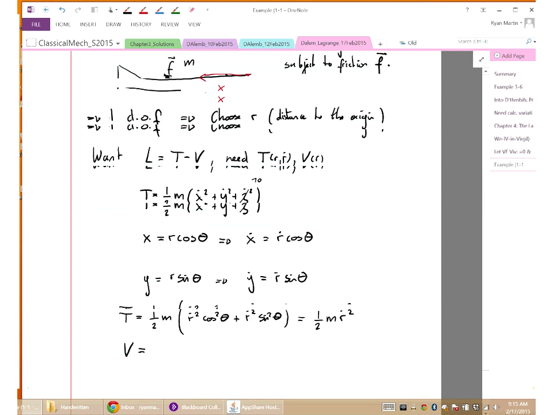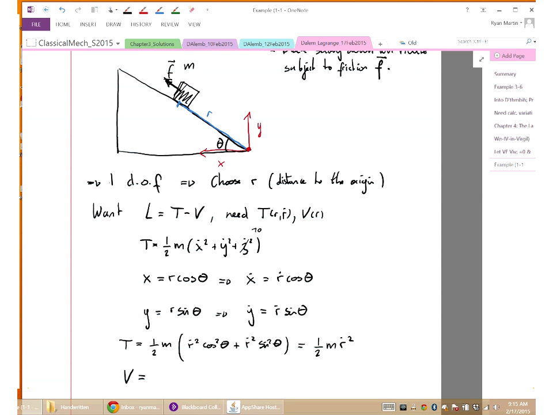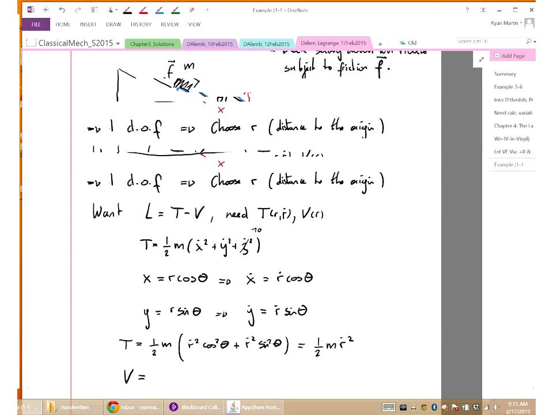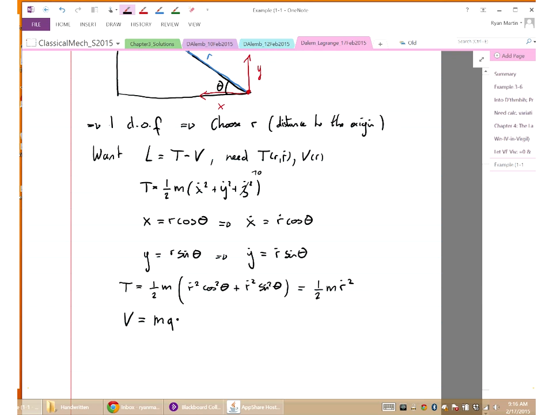V is the potential energy. So let's think of what conservative forces are acting on our body that lead to potential energies. There's only gravity in this case, right? So gravity is acting on our body, and what's the potential energy from gravity? It's mgy, right? That is the potential energy due to gravity.